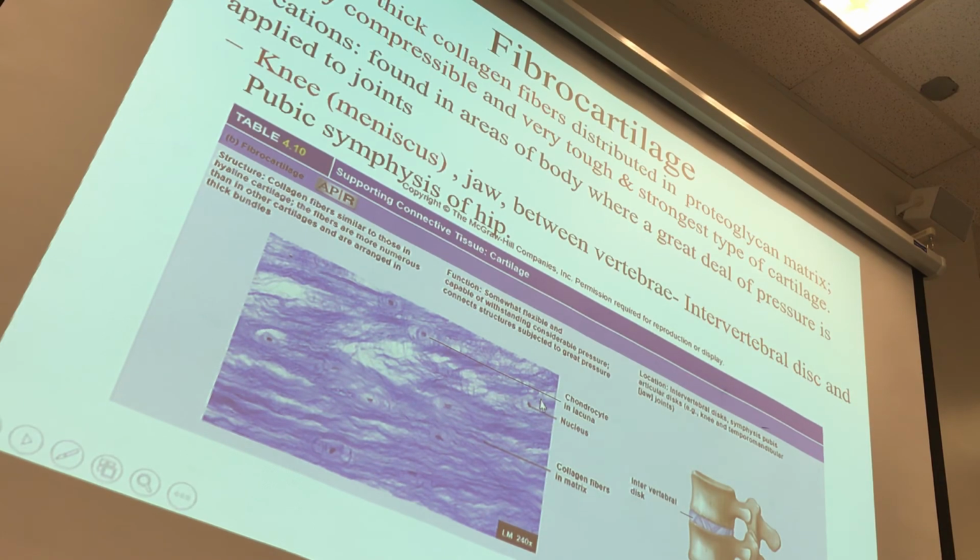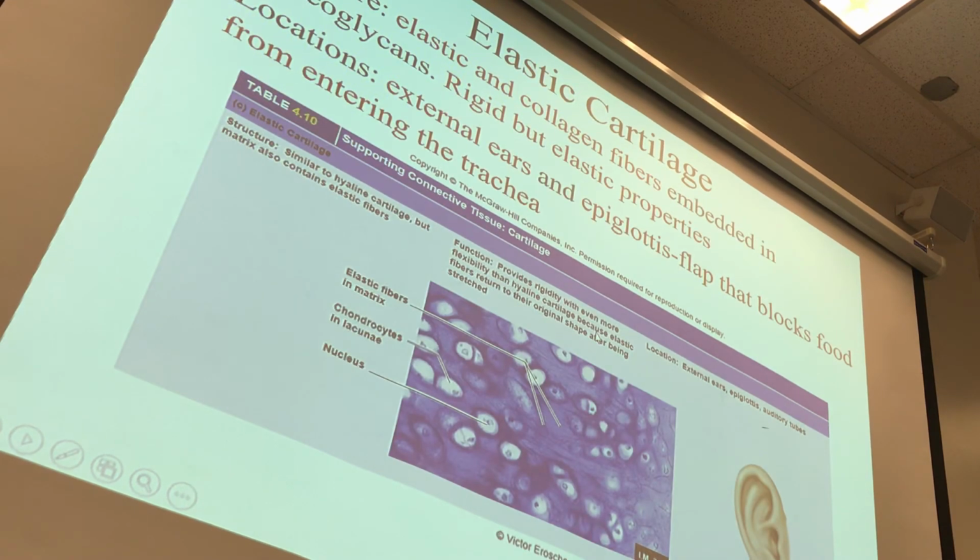It's strong. It's found in areas where we deal with a great amount of pressure. So in the knee, your knee contains fibrocartilage called meniscus. It helps support your weight. Found in the disc, that helps support our weight at the thorax and abdomen. I will stop right here.